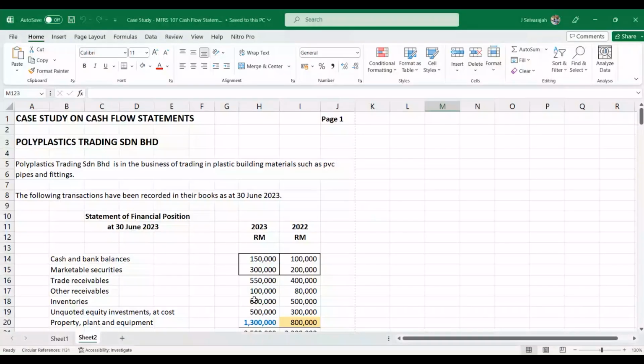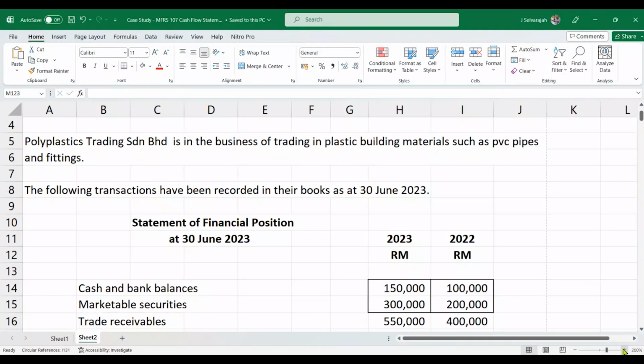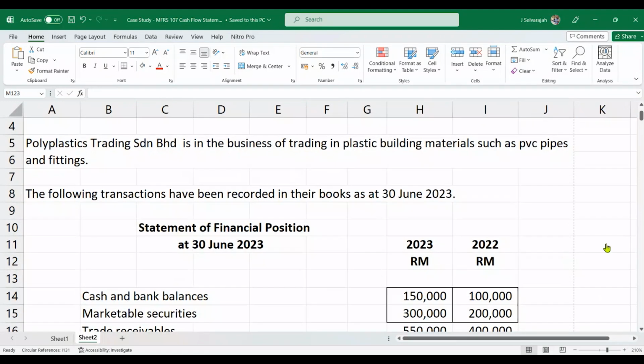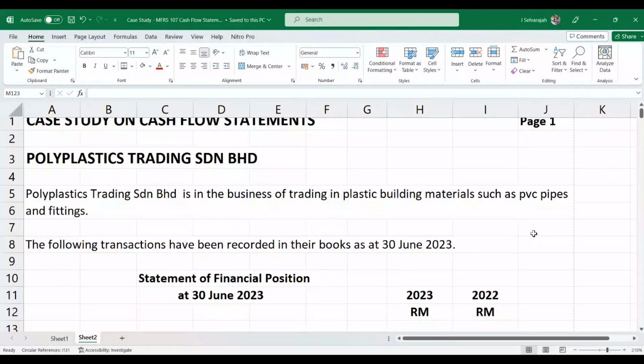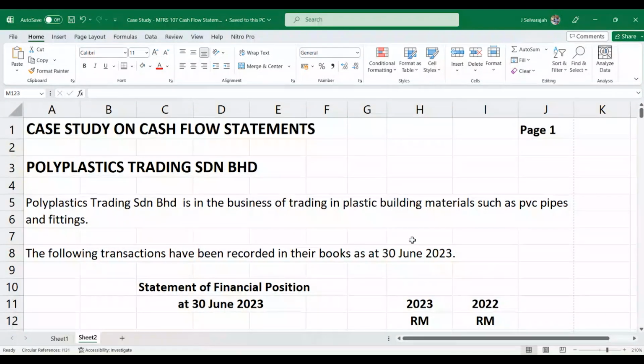Let's make this bigger. This was the question, a simplified one that we looked at, to try and do a cash flow projection based on this simple plastic building materials company.